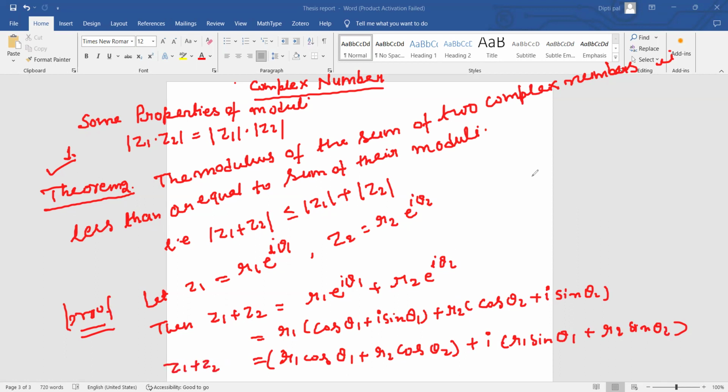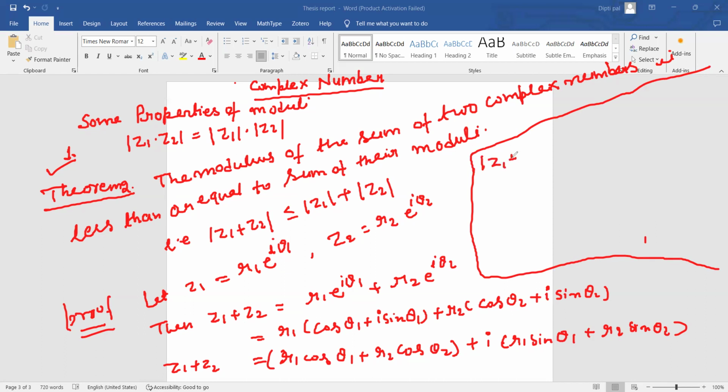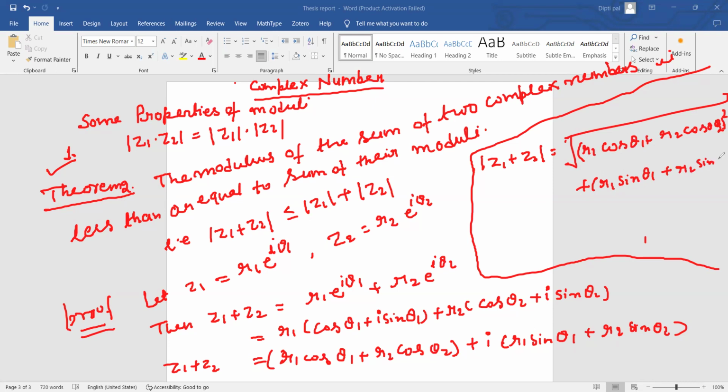Now taking the modulus both sides, we get modulus of Z1 plus Z2 will be square root of (R1 cos theta 1 plus R2 cos theta 2) whole square plus (R1 sin theta 1 plus R2 sin theta 2) whole square.